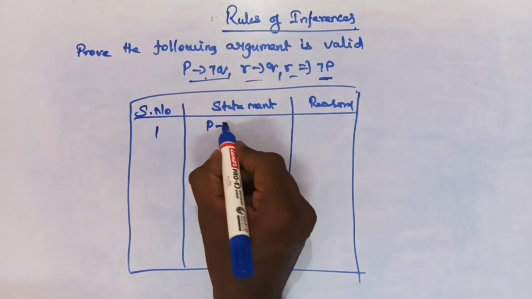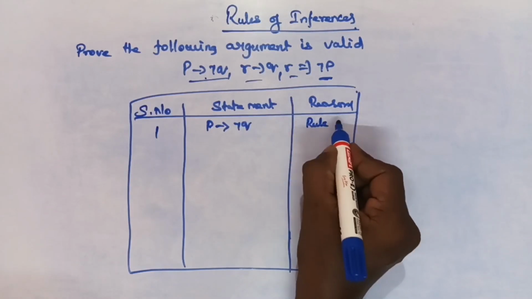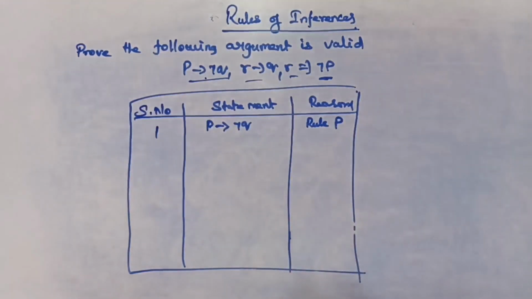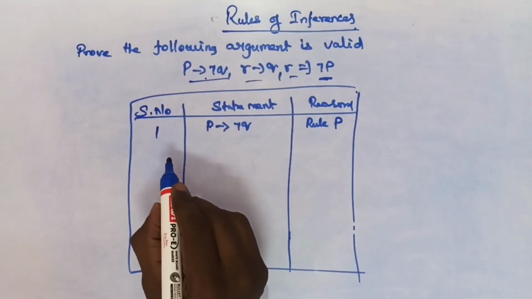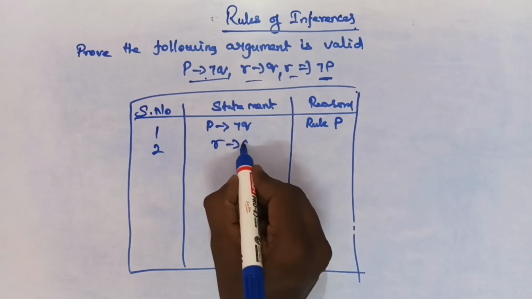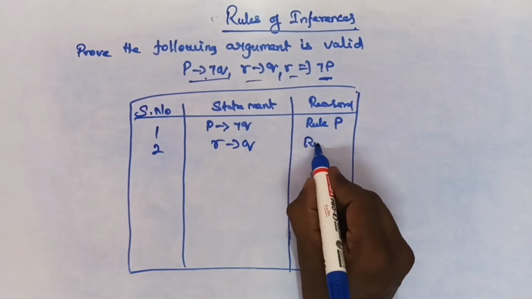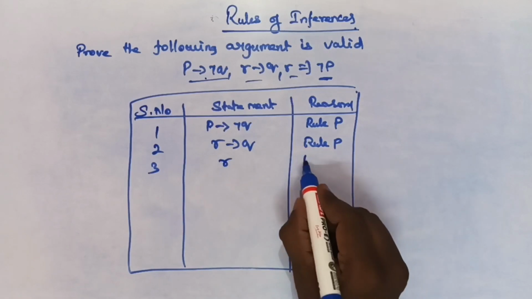Whenever you introduce the premises, the reason is rule P. Rule P stands for introducing a premise. So rule P. The second one, R condition Q, that is also rule P. Third one, R, rule P.